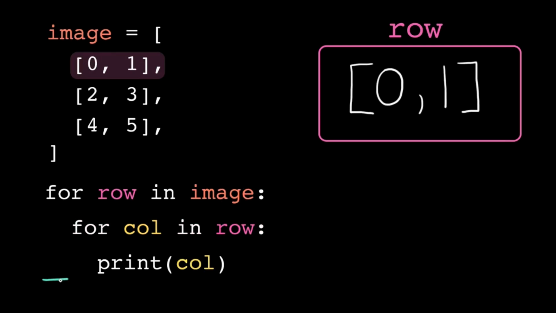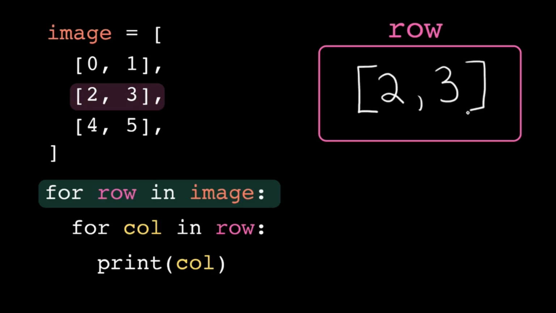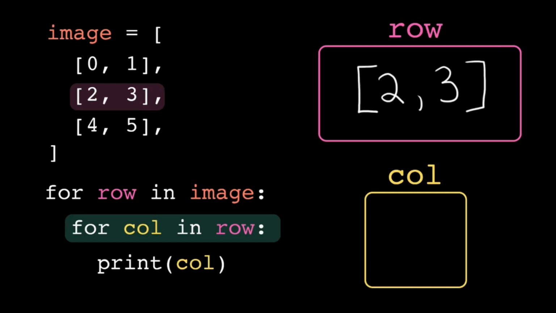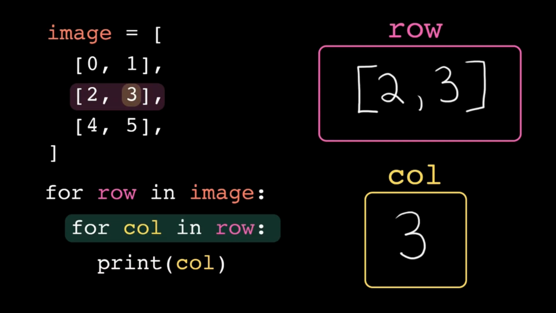And we return execution back to the outer loop body. There are no lines of code left that are indented inside that outer loop. So we go back to the top of the loop and start the next iteration. Row now contains the next element of our 2D list, which is the inner list [2, 3]. We enter the loop body again, and then we hit the inner for loop, which again iterates over the elements in row. So the first time we print 2, the second time we print 3, and now we're at the end of the list.